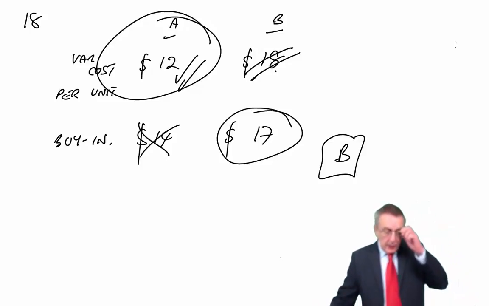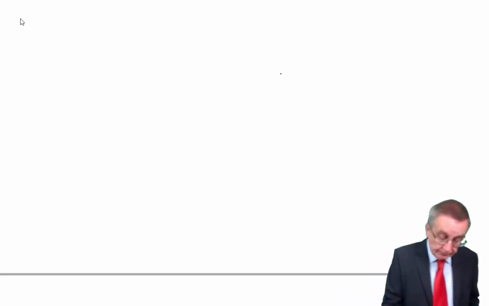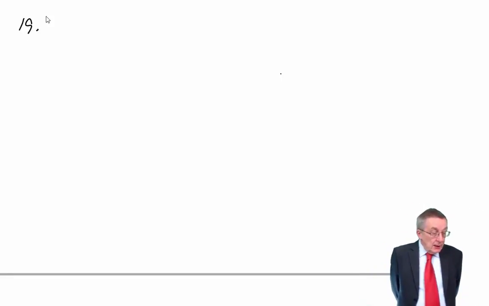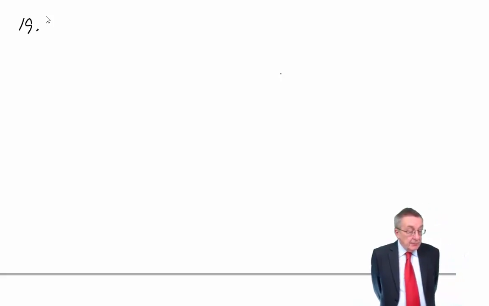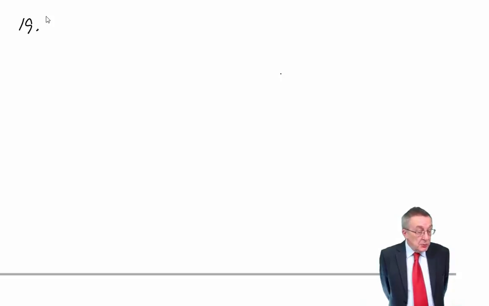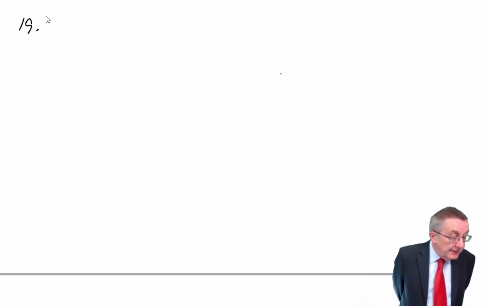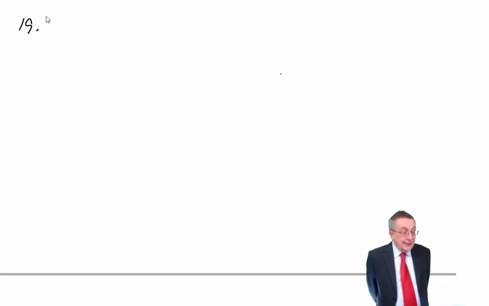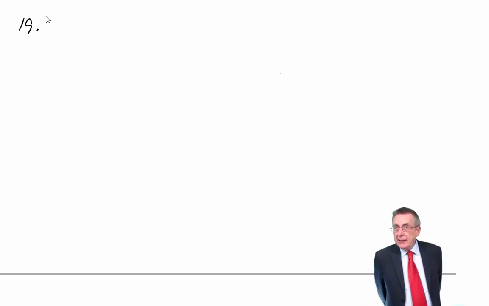All right, on with question 19. In calculating the lifetime costs of the product, which of the above items would be excluded? If we look back, the following costs arise in relation to production of a new product. Well, we don't even actually need to read them.